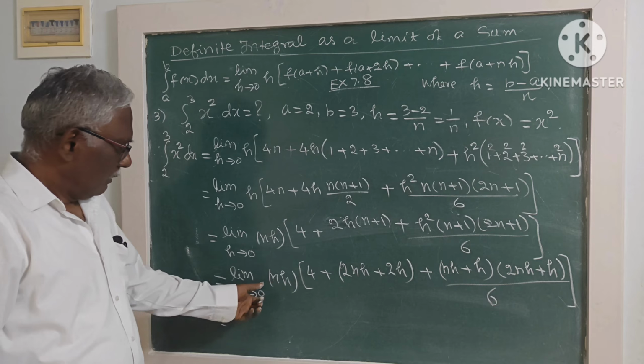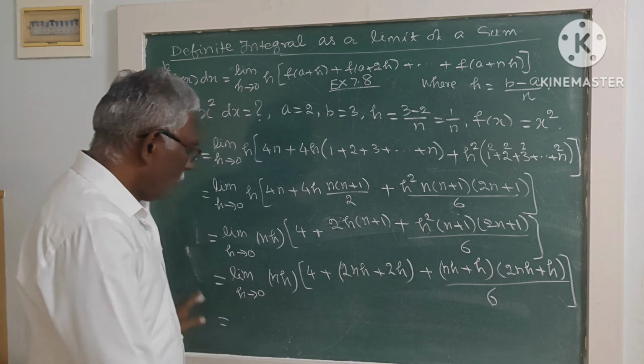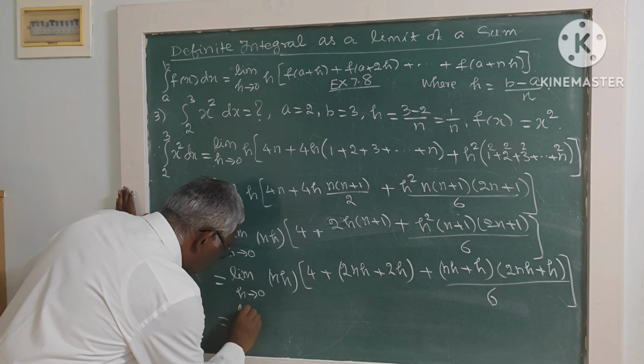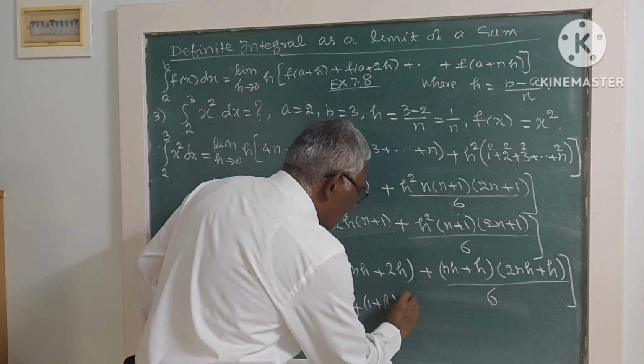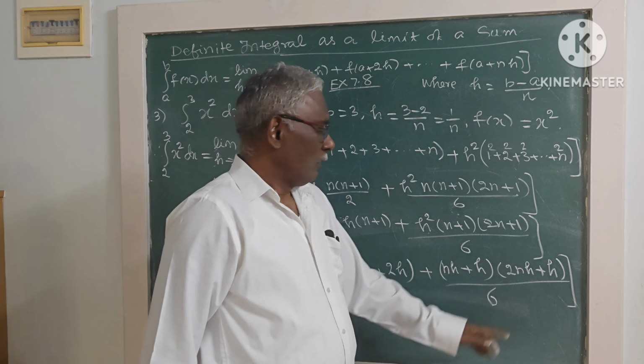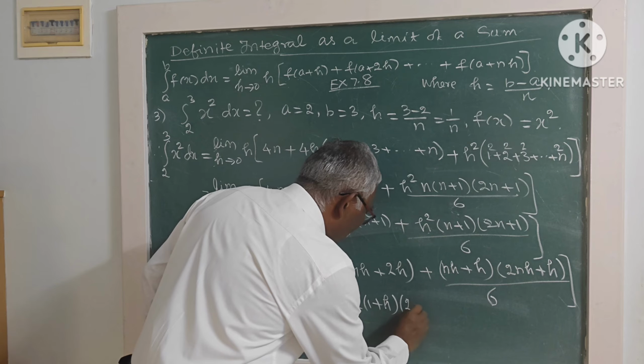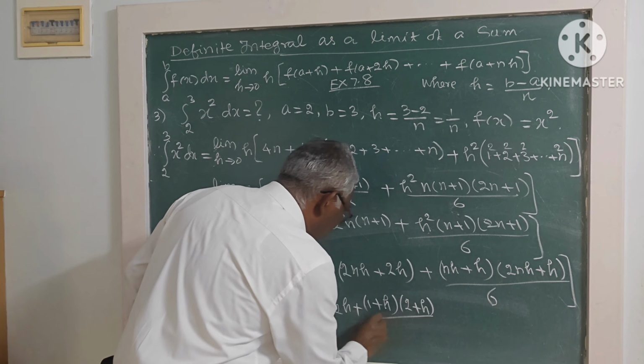Now we will put the value of nh is equal to 1. So this is 4 plus 2 plus 2h plus (1 plus h)(2 plus h) by 6.